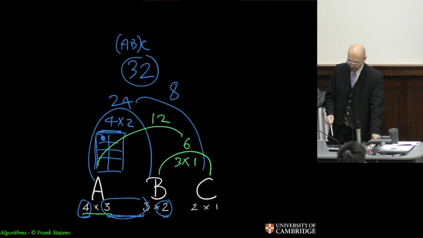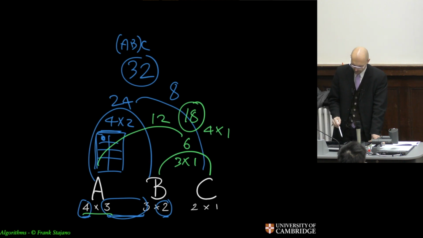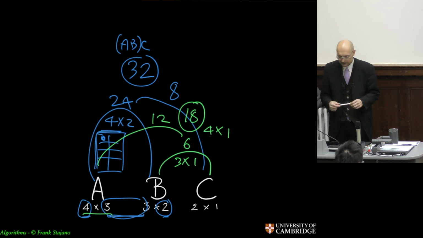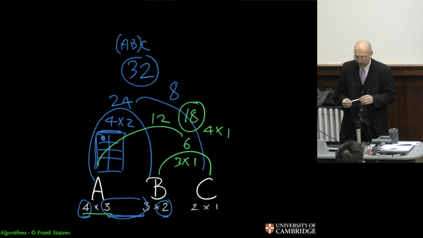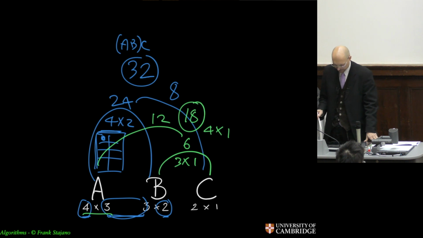So the total is 12 plus 6 makes 18 to get my 4 by 1 matrix, which is the same matrix as the one I got before, but before I paid 32 multiplications to obtain it, and now I only pay 18, which is almost half. So it pays to be careful initially about which order I do the multiplications in.